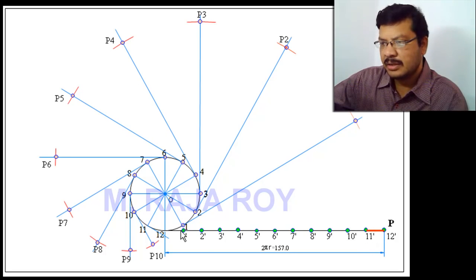P to 11 dash, 11 as center. Draw an arc, you will get P11 point here. P12 and point 12 on the circle both will coincide. This is P12. Now draw a smooth curve joining this P1, P2, P3, so on to P12.